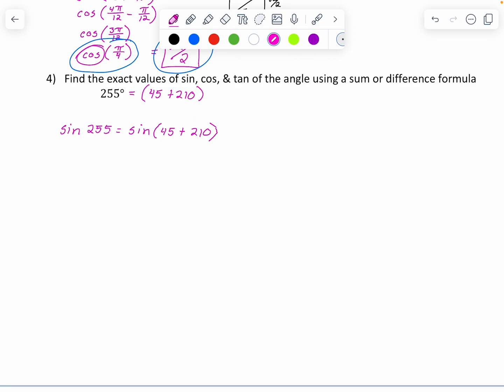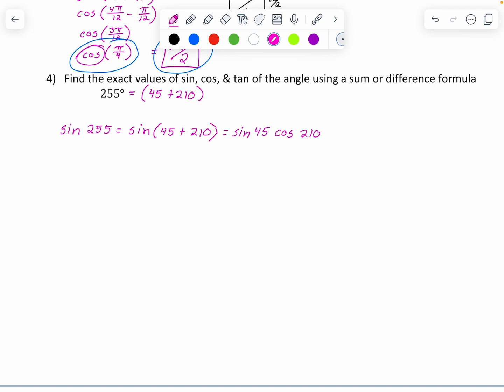All right, then we go to our formula. So our formula on our sheet tells us that we are going to do sine of the first angle, which is 45, times cosine of the second angle, which is 210.